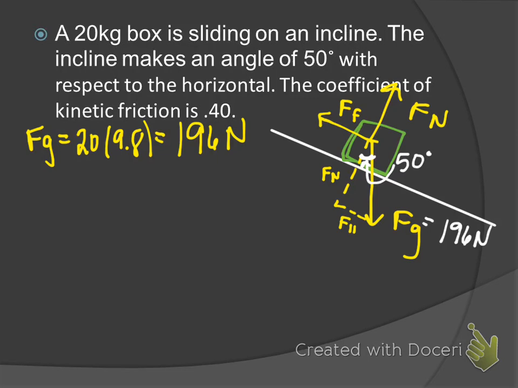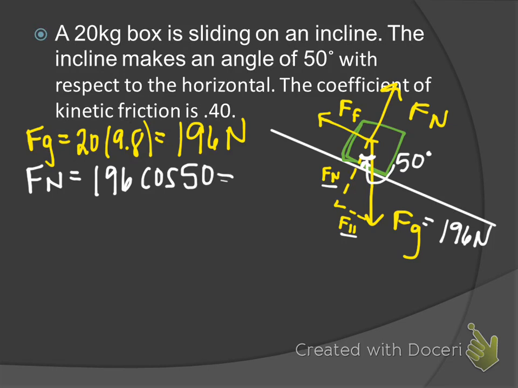Now we're going to go about solving for the components of our gravitational force. We need both of the components this time because we've got a frictional force, and we know that to find the frictional force, we've got to have the coefficient of friction and we've got to have the normal force. So here we need both of these components. So let's go ahead and solve for the normal force first. The normal force is adjacent to the 50-degree angle, so we're going to take the hypotenuse times cosine because it is adjacent to 50 degrees.